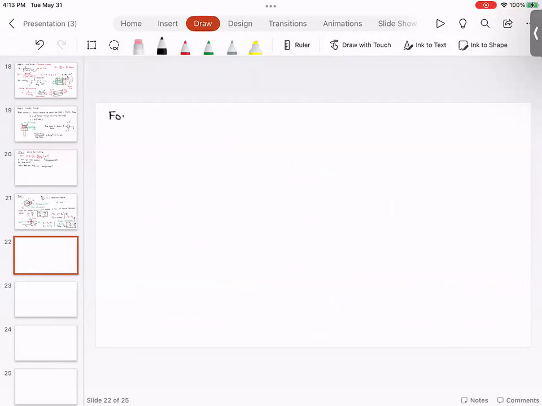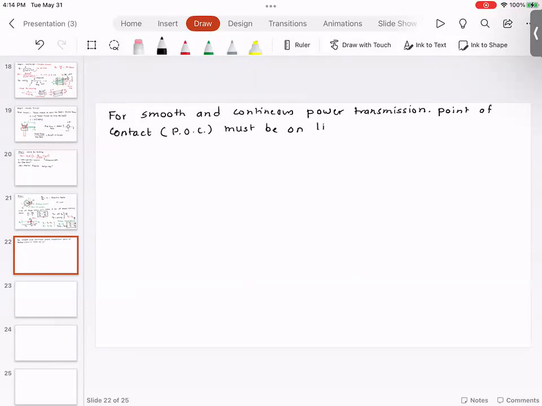For smooth and continuous power transmission, the point of contact, also called POC, must be on the line of centers, the line joining the centers. So LOC.